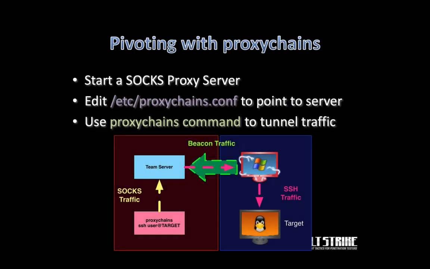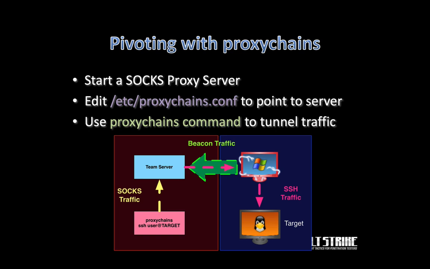Let's say that you have an application that you want to push through a SOCKS proxy, but it is not proxy aware. Well, you can use proxychains in this case. Proxychains is installed on Kali Linux, but there might be a package for Ubuntu or whatever you're operating from.